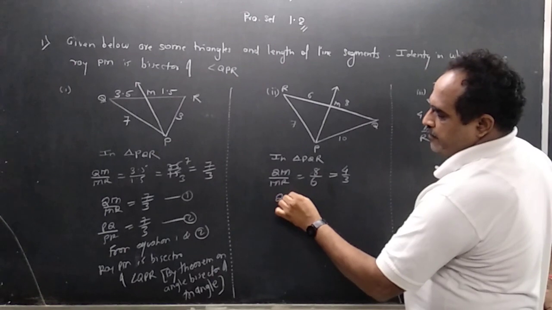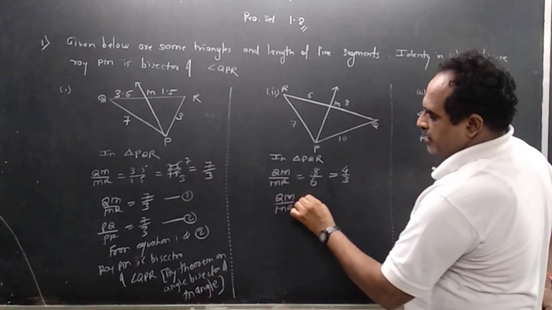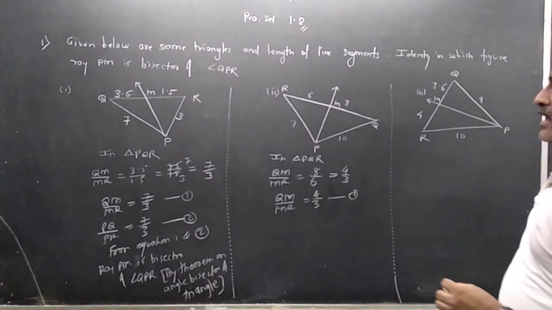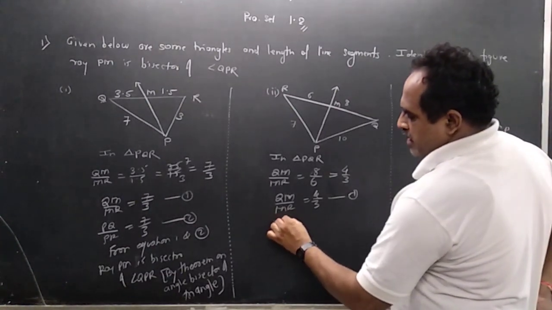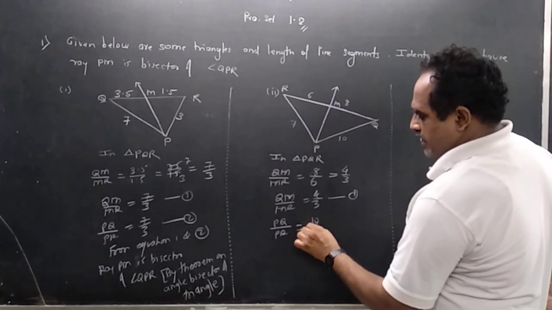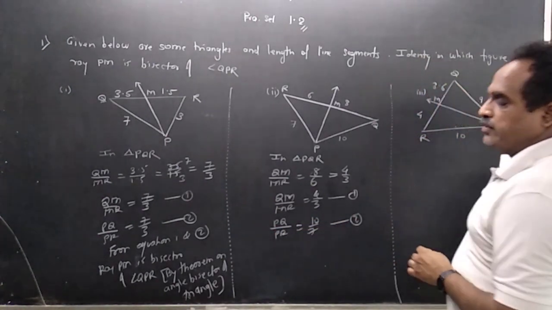So QM upon MR is equal to 4 upon 3, equation 1, and PQ upon PR is equal to 10 upon 7, equation 2.